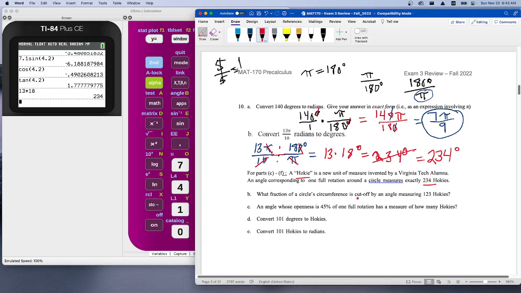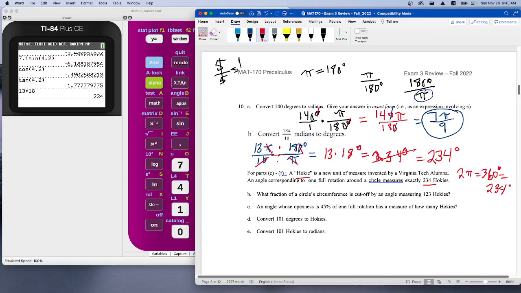So basically, we're going to look at that 2 pi is equal to 360 degrees, which is equal to 234 Hokis.